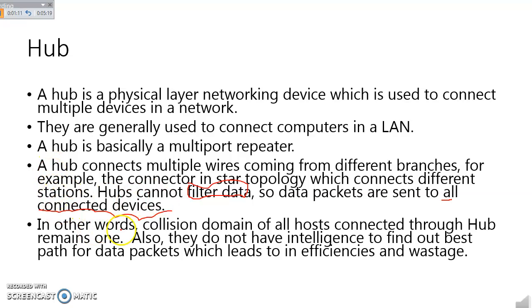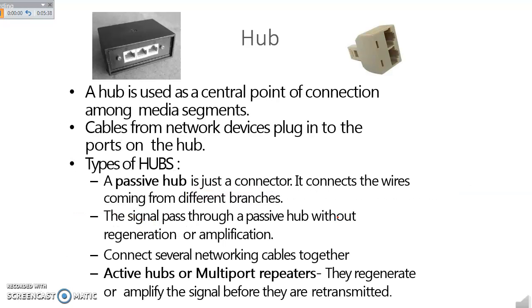In other words, the collision domain of all the hosts connected to a hub remains 1. Also, they do not have the intelligence to find out the best path for data packets, which leads to inefficiency and wastage. So here the hub device is present.